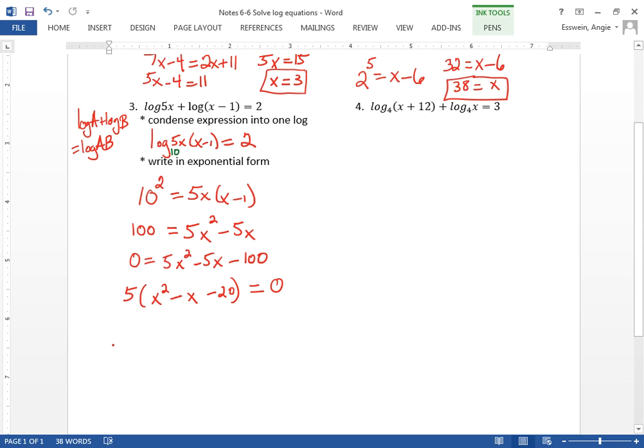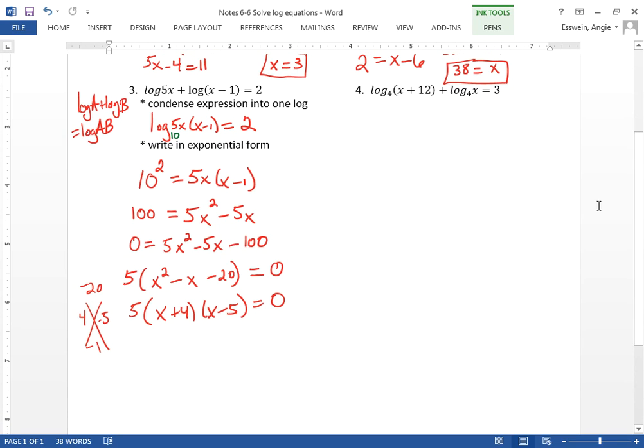And then, we can do a basic diamond problem. What multiplies to negative 20 and adds to negative 1? And that is 4 and negative 5. So we get x plus 4, x minus 5. And so we get x equals negative 4 or 5.